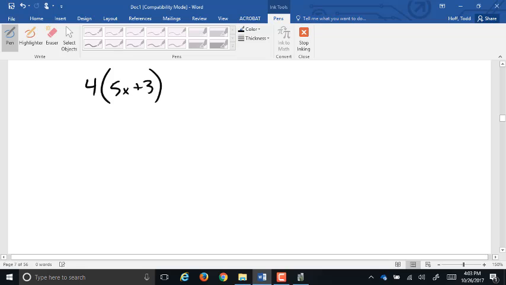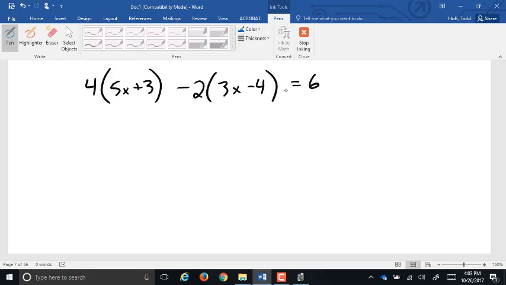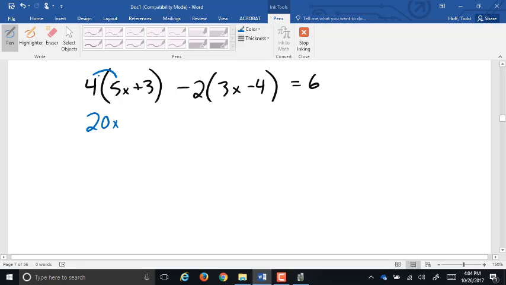4 times 5x plus 3 minus 2 times 3x minus 4 equals 62. I'm just going to have you guys talk me through this one. What do I need to do first? 4 times 5x is 20x, and then 4 times 3 is 12, good.